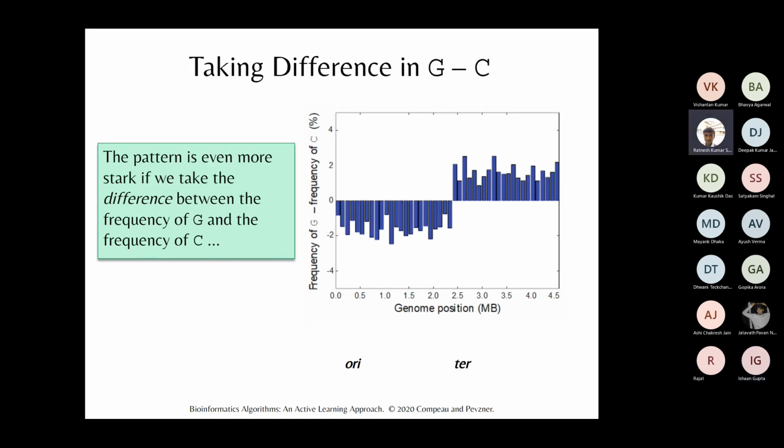You were saying that 60 to 70% are only A's and T's. Isn't it that they must have conserved sequences? All organisms must have some conserved sequences, and in bacteria also, species-specific conserved sequences must be there. This is an observation.